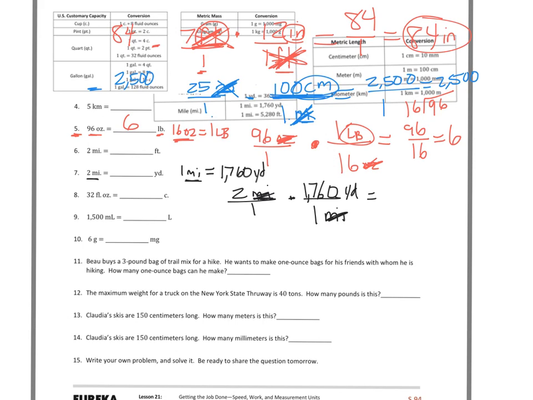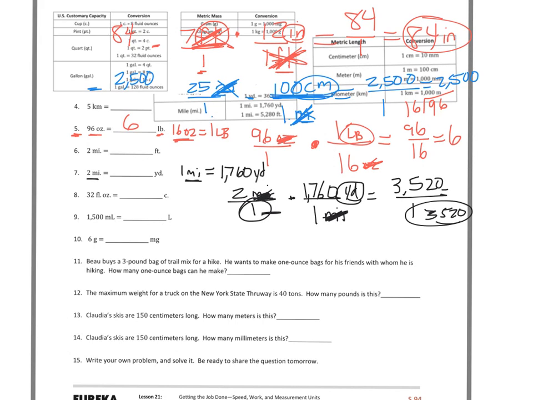And 2 times 1,760 will get me 3,520 over 1, which just gets me 3,520. And again, my units, since I crossed off miles, I'm left with just yards. Because again, this 1 doesn't have a set of units.